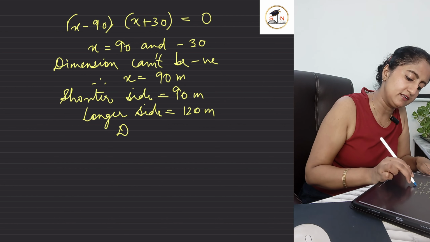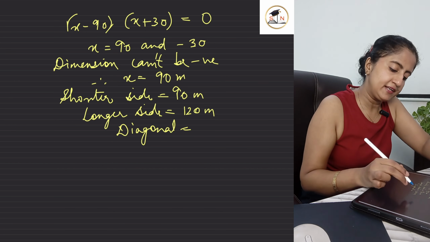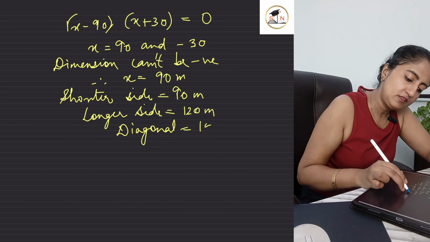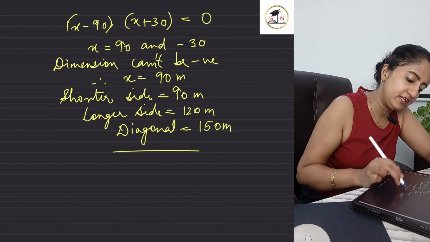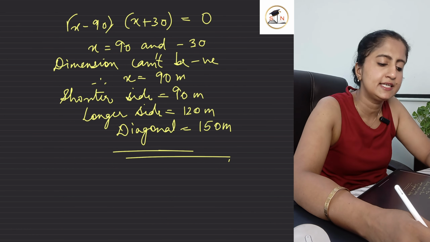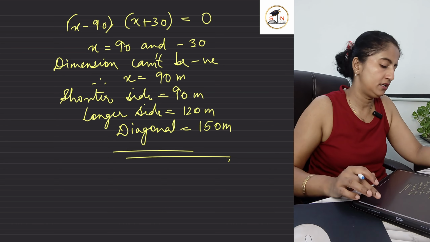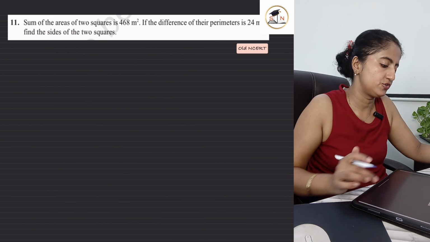And how about the diagonal? Diagonal was 60 plus x, so 150 meter. We are done with this question. It was pretty easy, just a basic application of Pythagoras theorem, right? Now moving on with the next question.